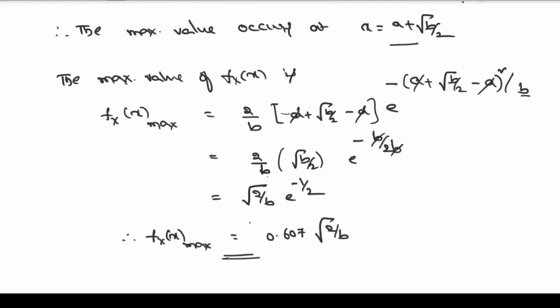So this is the maximum value that we have shown in the graph for the Rayleigh probability density function.